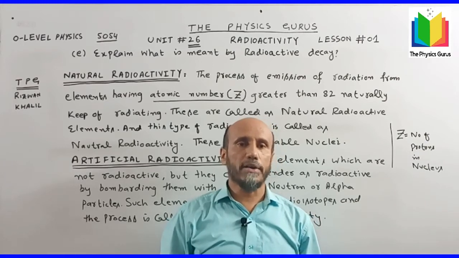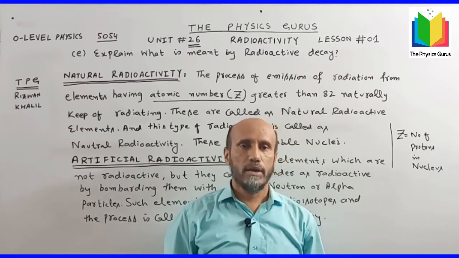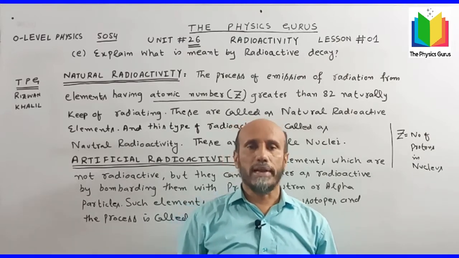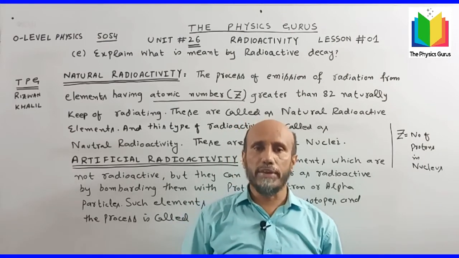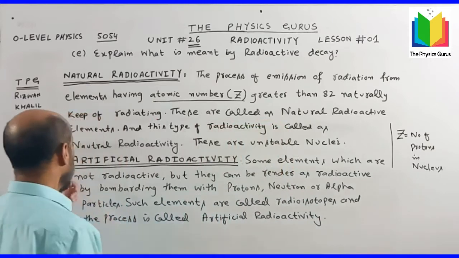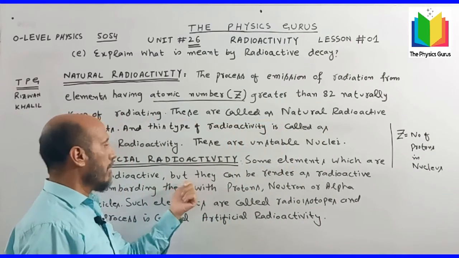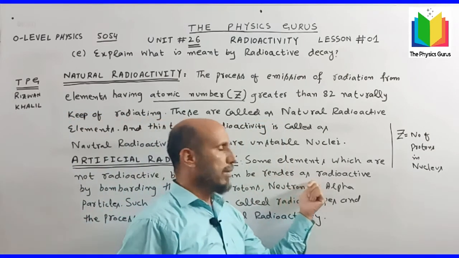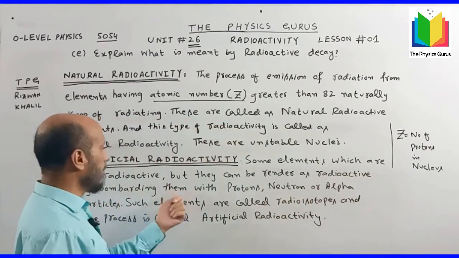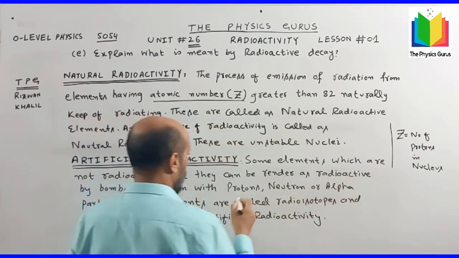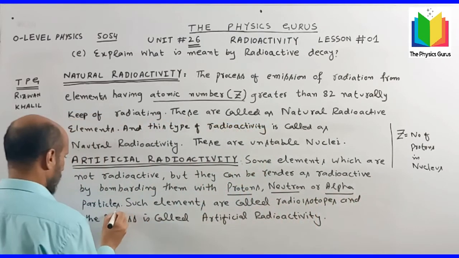The other type of radioactivity is called artificial radioactivity, and those elements are called artificial radioisotopes. So let's see the definition of artificial radioactivity. Some elements which are not radioactive can be changed into radioactive elements by bombarding them with protons, neutrons or alpha particles.